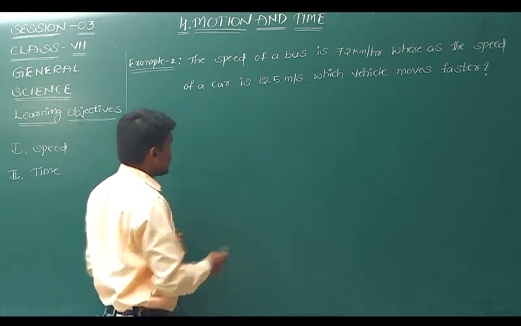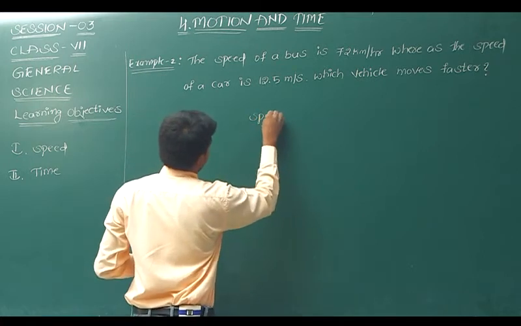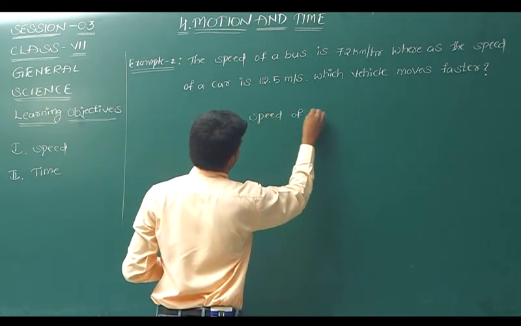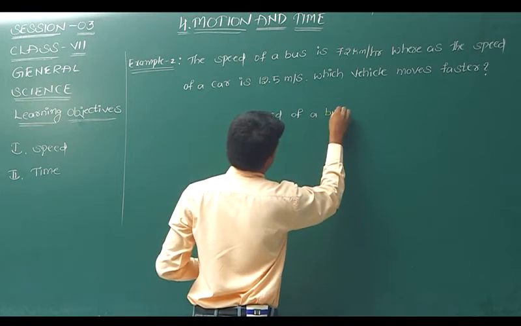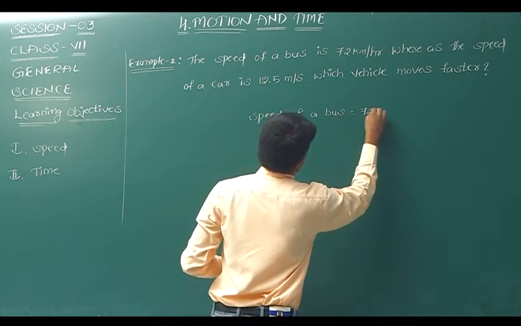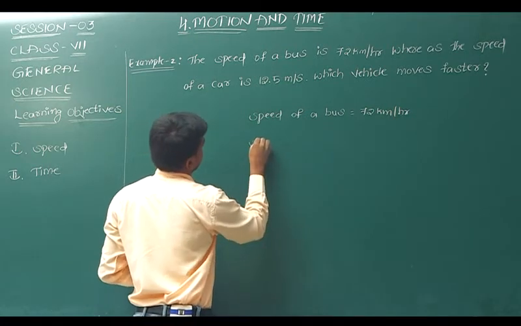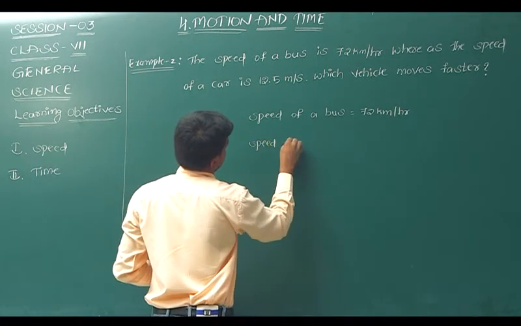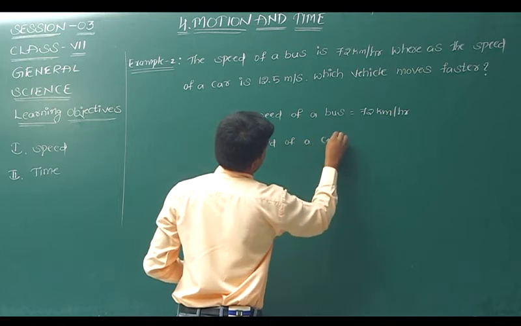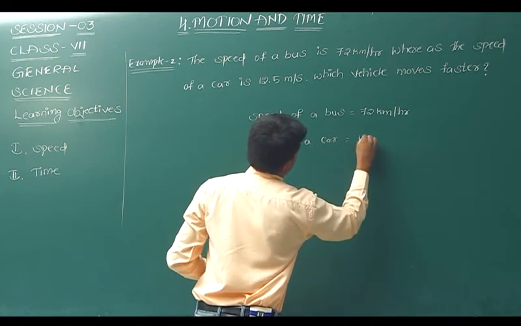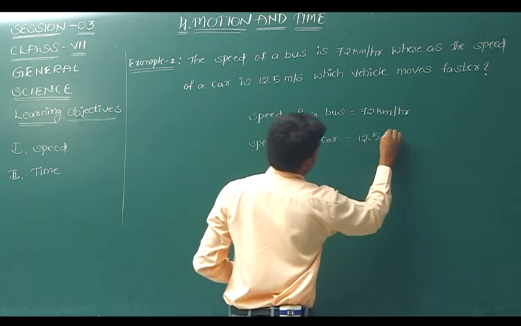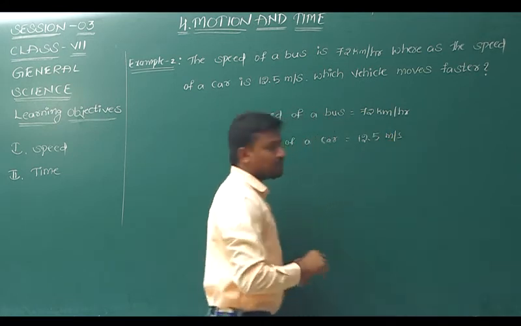So, let us first write the speed of the bus: 72 kilometer per hour, speed of the car: 12.5 meter per second.